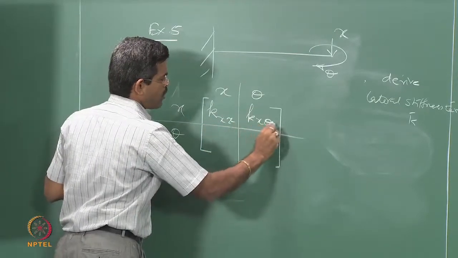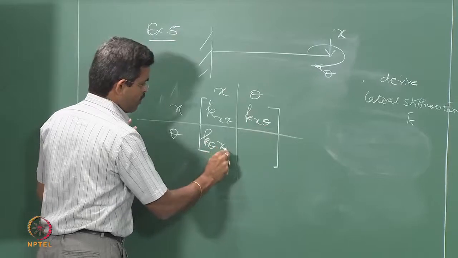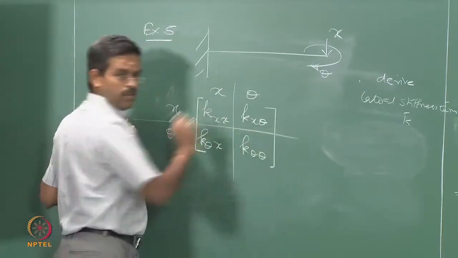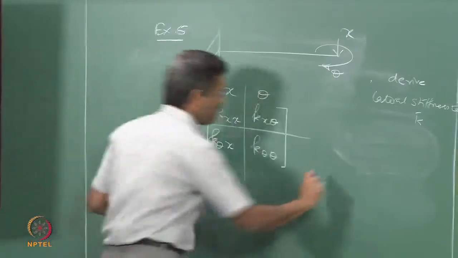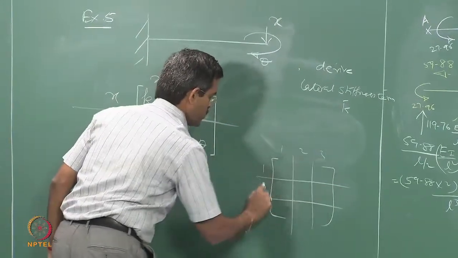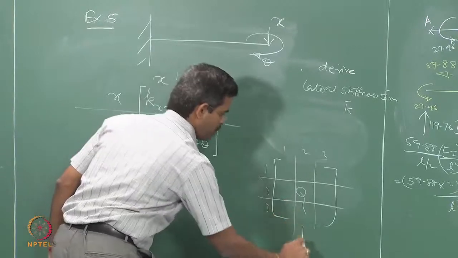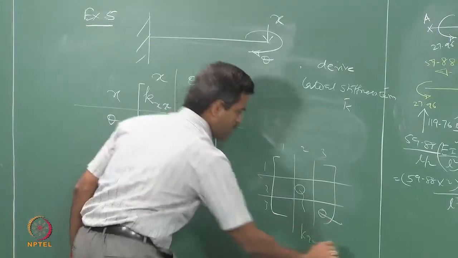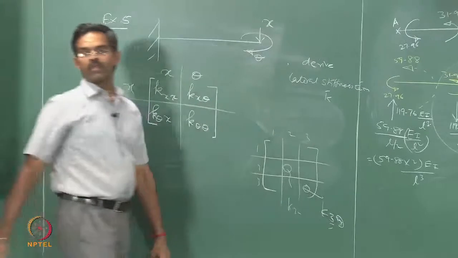In a given matrix with 1 2 3, if you want to read this member it will be k 2 2, if you want to read this member it is k 3 3 and so on.